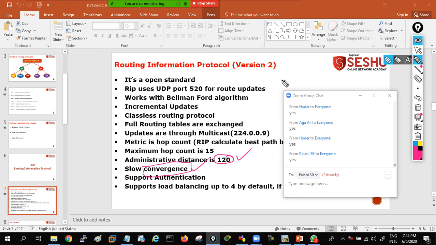Whenever you delete something in your routing table, I'll show you those things, guys, because you will not understand otherwise. I'll show it in EIGRP.